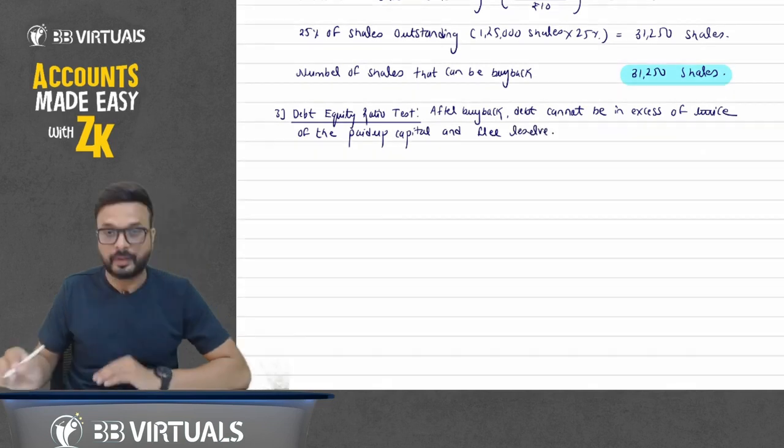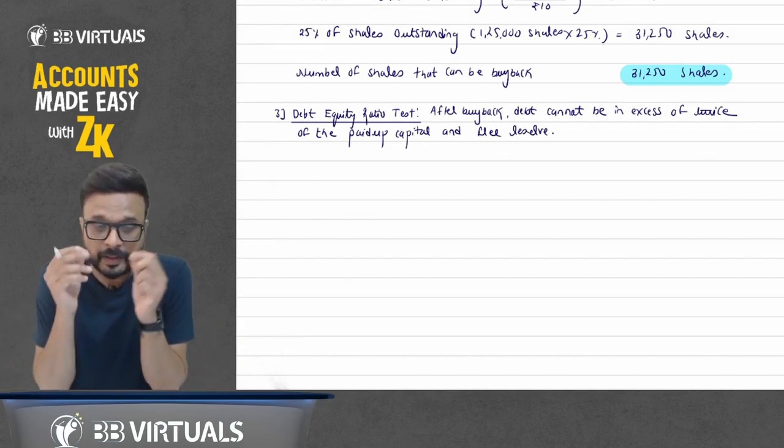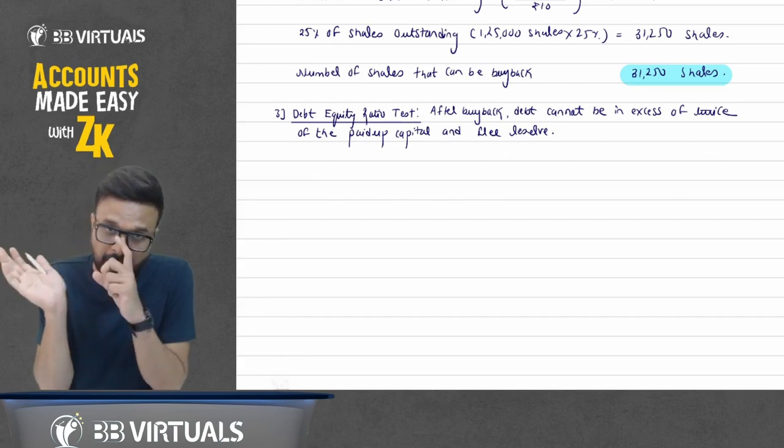Now understand this point. This condition says that after buyback, your debt cannot be more than twice the paid up capital and free reserve.